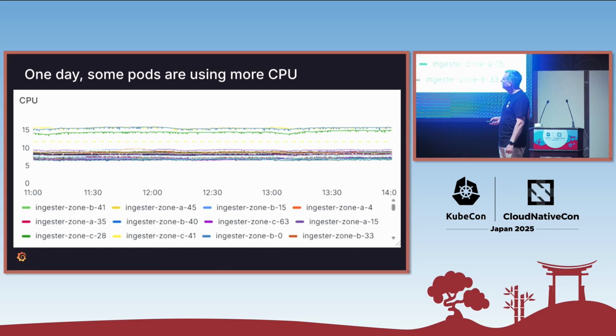So one day, it looked like that. Out of these hundreds of machines, 3 of them are using way more CPU than the rest, and way more than the yellow line, which is the request. So 3 machines were doing something different.